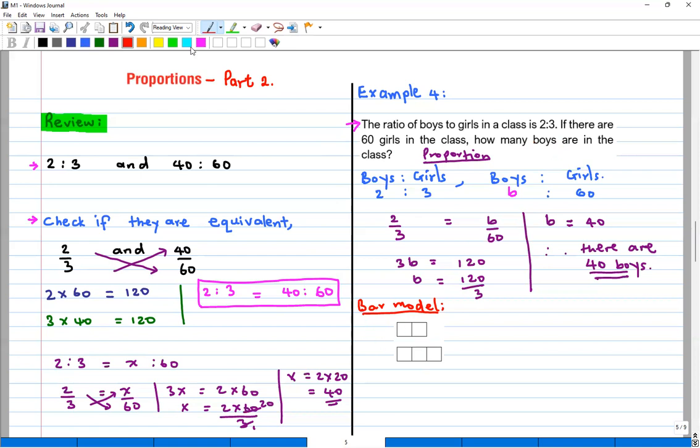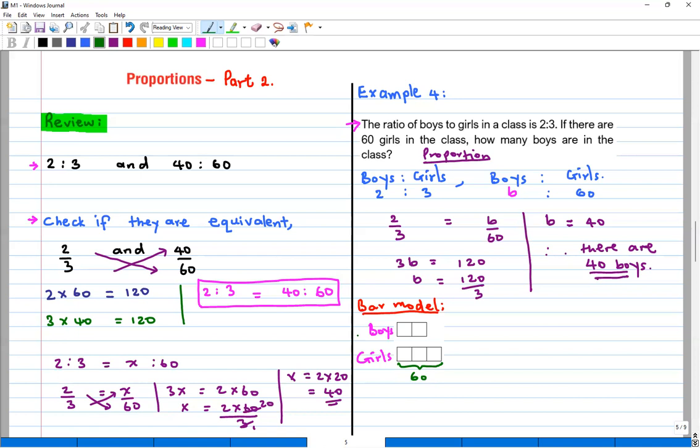So we have boys, that is 2 parts, and girls, that is 3 parts. But we have been told that we have 60 girls. So the 3 parts are equal to 60.